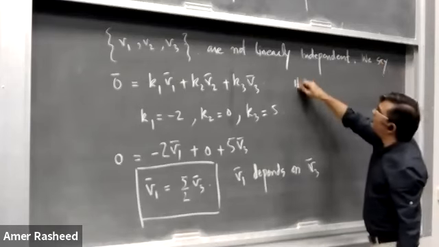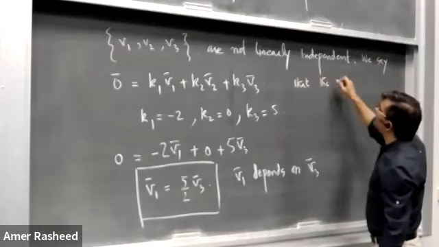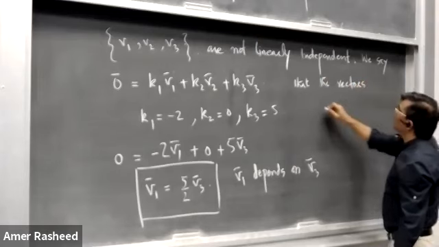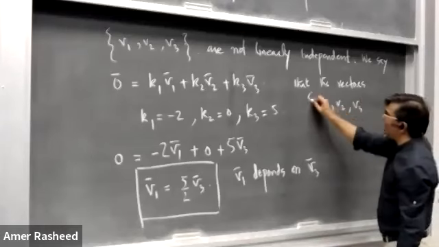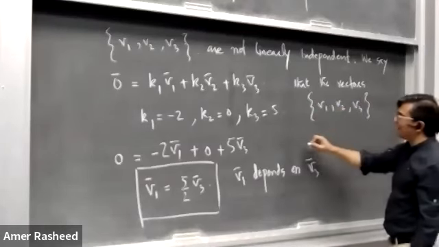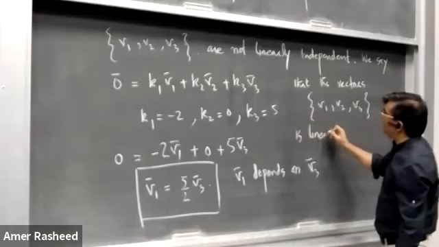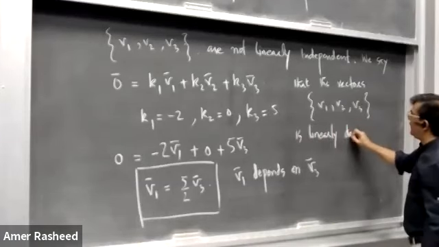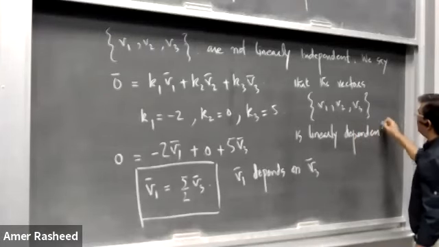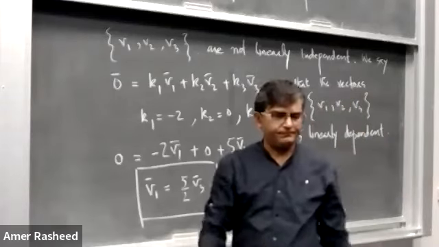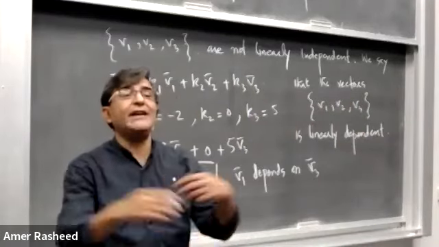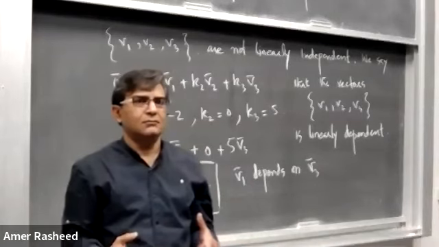Then we say that the vectors V1, V2, V3, or this set of vectors, is a linearly dependent set. What does it mean? It means that the vectors in this set depend on each other. They're not linearly independent. I hope you get it.